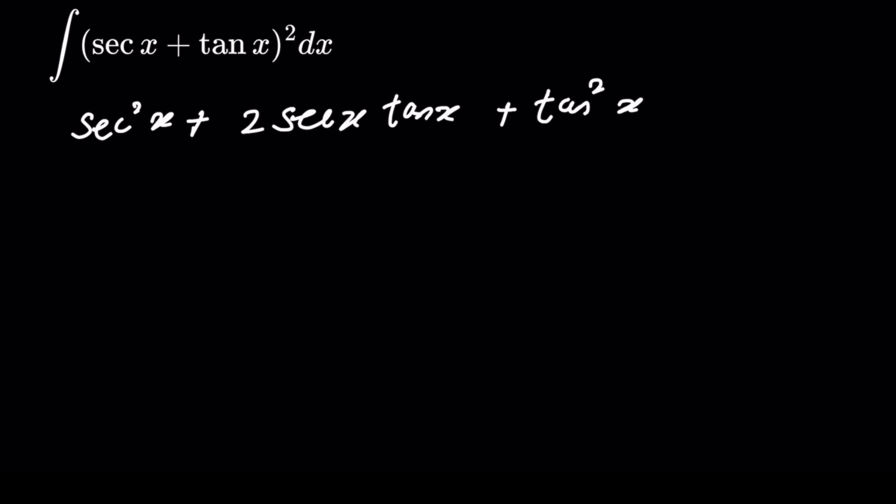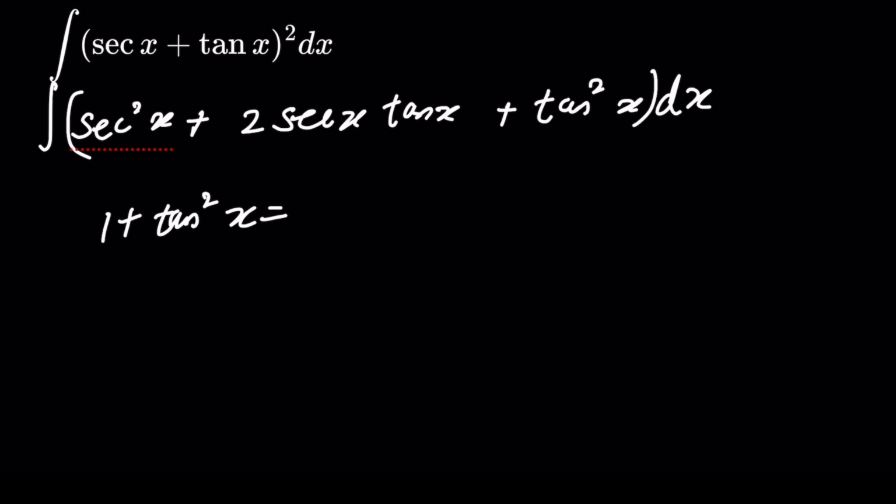Now let's think logically. We already know that the integral of secant squared x is tan of x. So let's take a look at the tan squared x term and simplify it using a trigonometric identity. The identity is 1 plus tan squared x is equal to secant squared x. Now we are going to rearrange it to make tan squared x the subject.